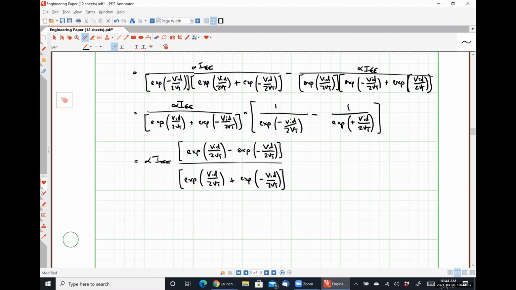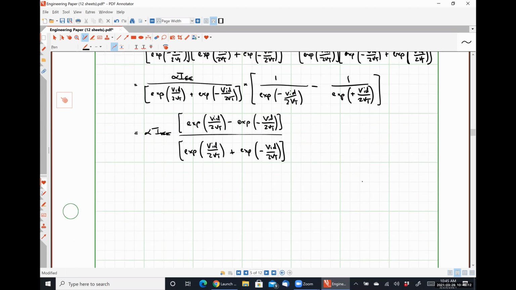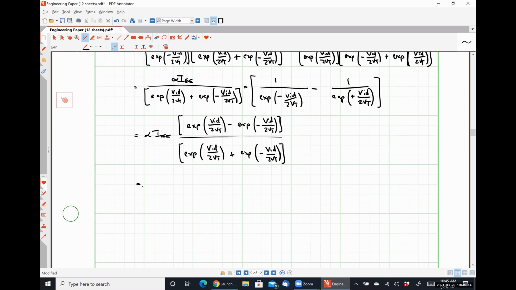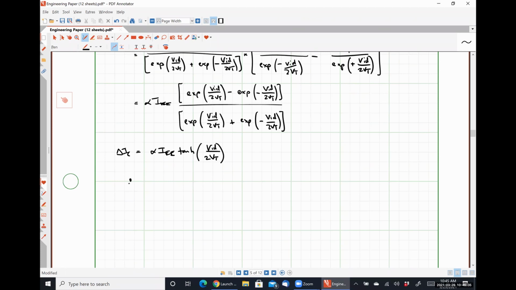This odd looking fraction, based on exponentials, has a name. Anybody know what it is? Hyperbolic tangent. Very close. So we can say that delta IC is alpha IEE times the hyperbolic tangent of our differential input voltage divided by twice our thermal voltage, leading us to the following relationship.